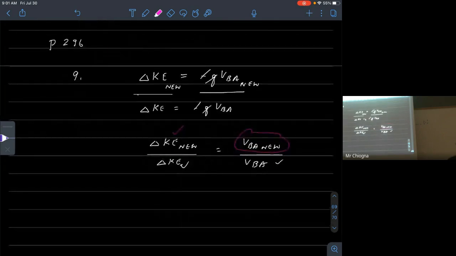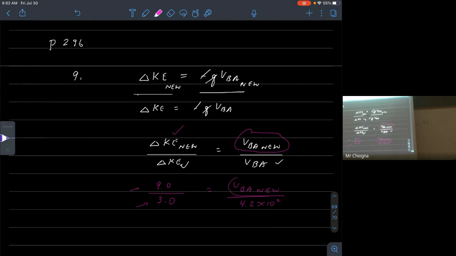Let's just put in the numbers so we're clear. So the new energy increases from 3 to 9. I know it's 10 to the minus 17, but that's going to cancel out. So it's really this. It goes from 3 to 9. So the question is, what happens with the potential difference? The old potential difference is 420. Okay, so the energy is 3 times greater.